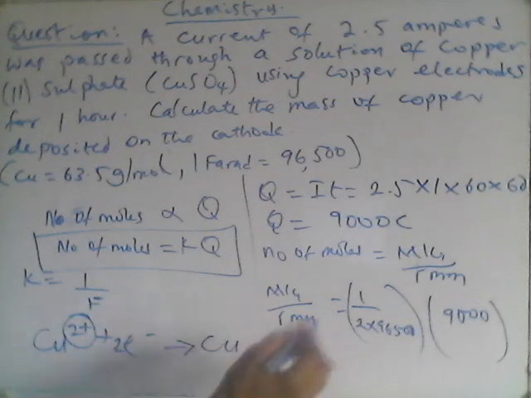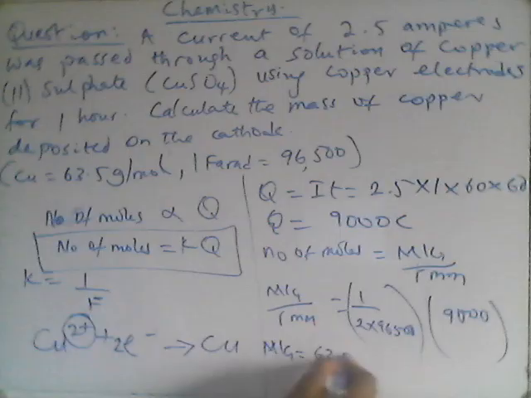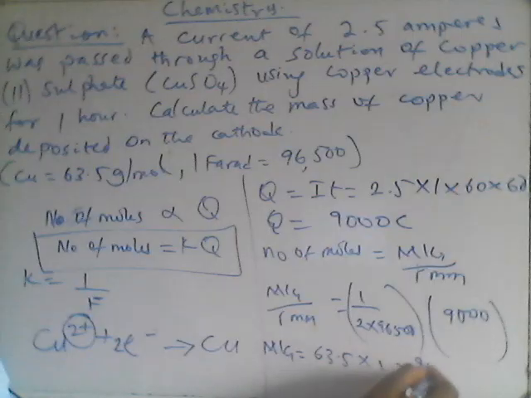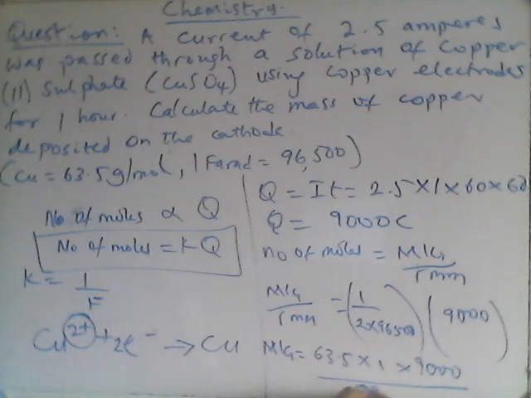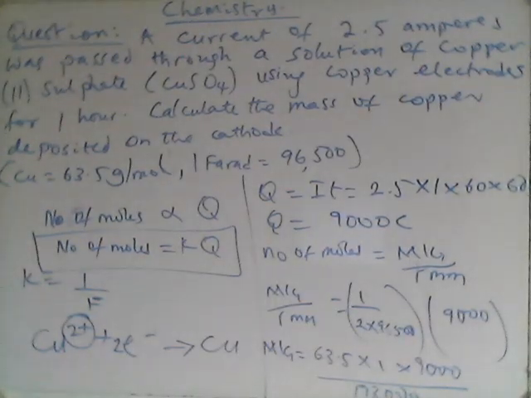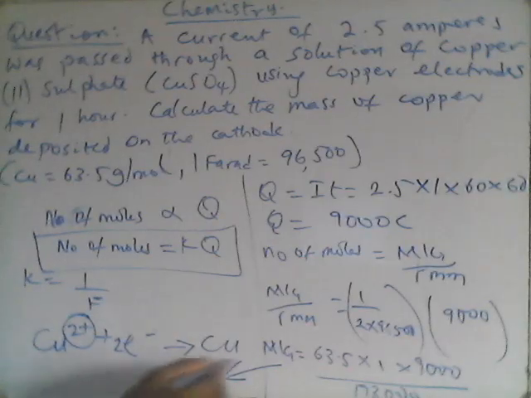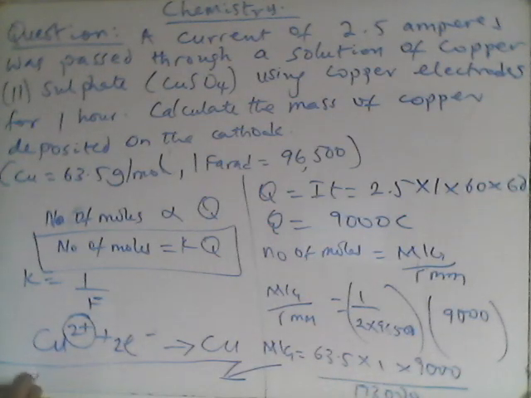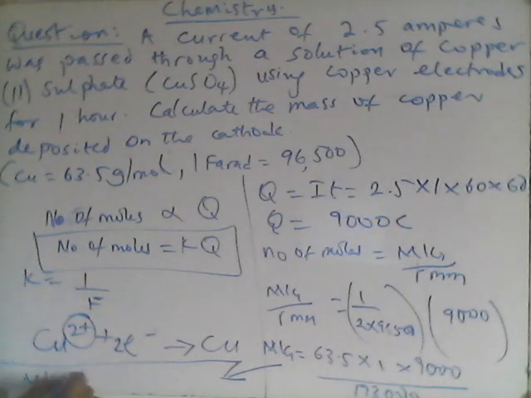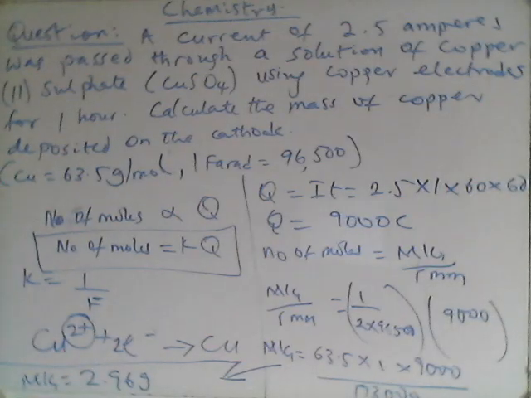Mass in gram is equal to 63.5 times 9,000, divided by 193,000. By the time I compute this, I will get 2.96 gram. So 2.96 gram is the amount of copper that will be deposited.